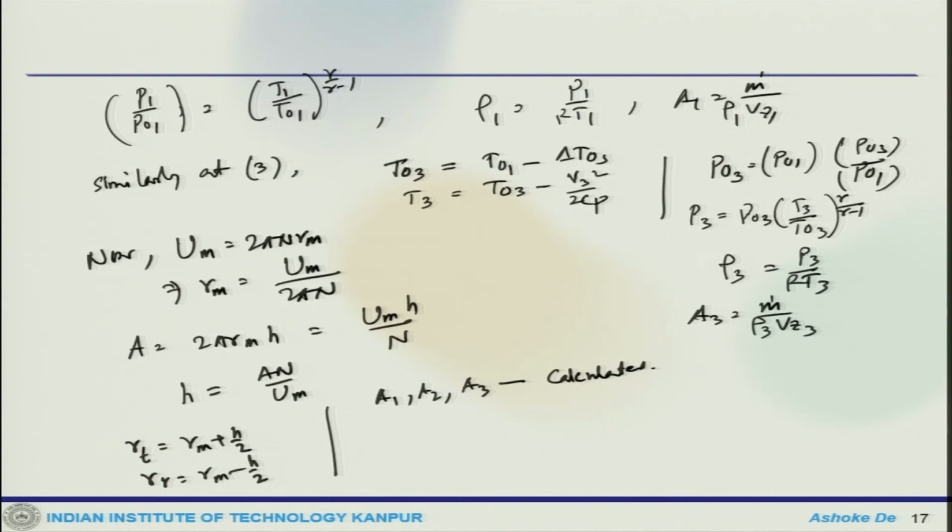So, note that all the relationships we have derived hold for Vz2 equals Vz3.